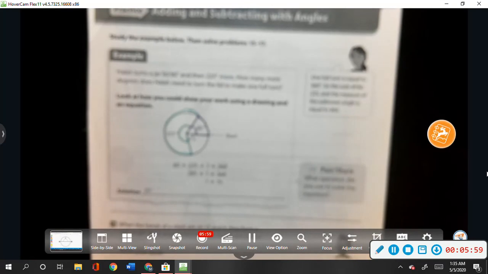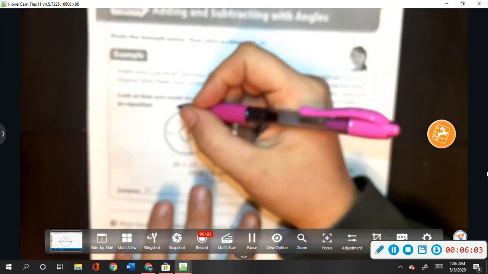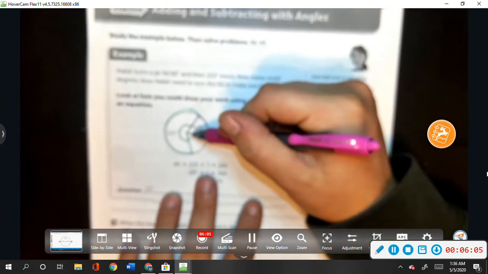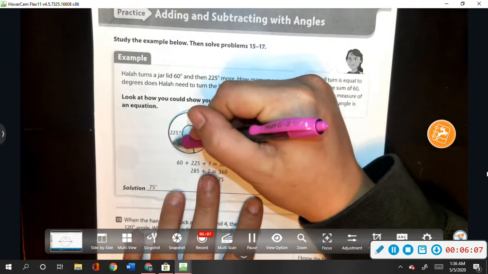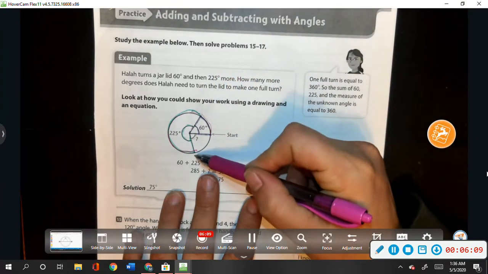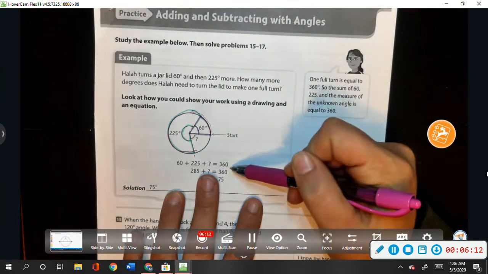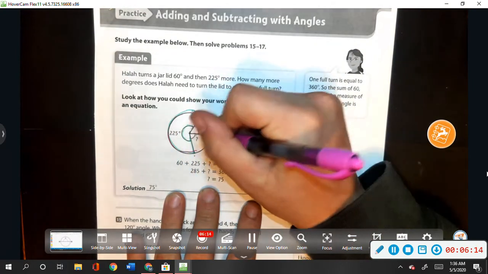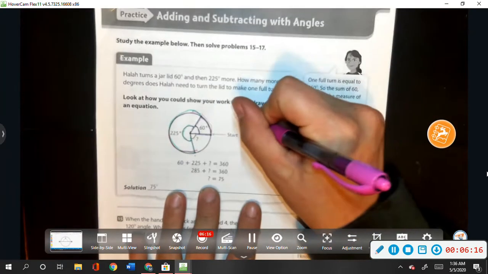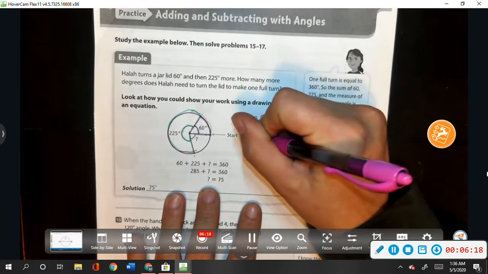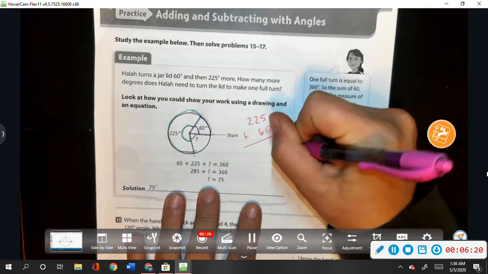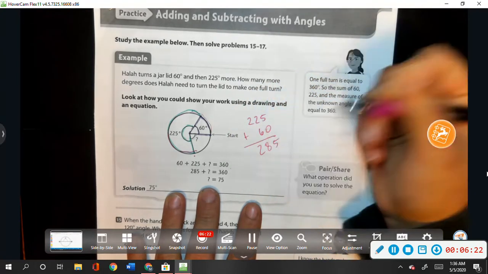Well, my green pen went out. That's fine. We'll do pink. So we know that she turned the pickle jar lid a total of, so far, 225 plus 60, which would be 285.